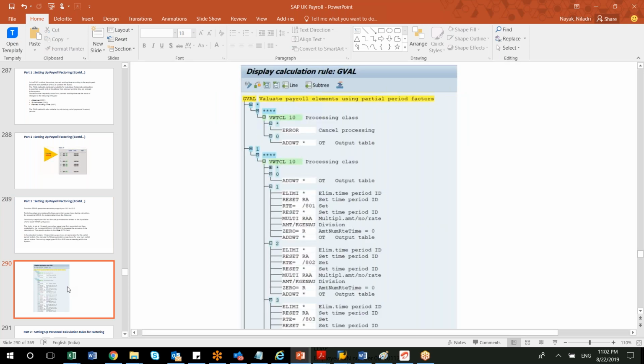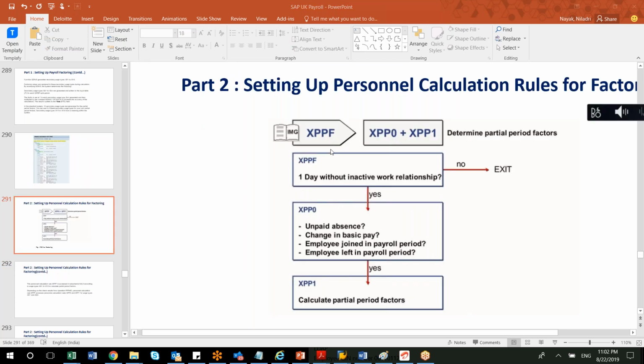It actually does the valuation of this entire period, all your partial period factors. How these are calculated, you will see there is another formula, XPPP, which is equal to XPP0 plus XPP1. So how will this calculation happen?